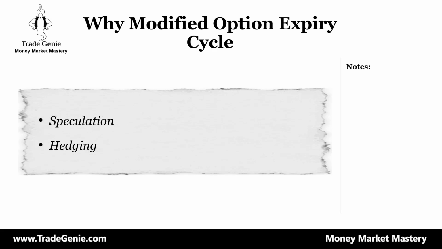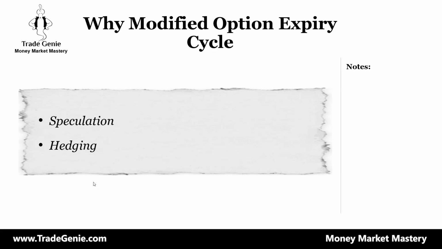Options are not meant for long-term investment. If somebody is speculating short term, or hedging, he needs to hedge properly. Maybe he needs the subsequent month to hedge. That's why we see January there.